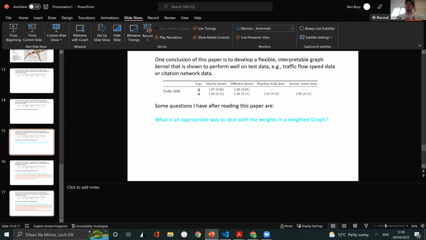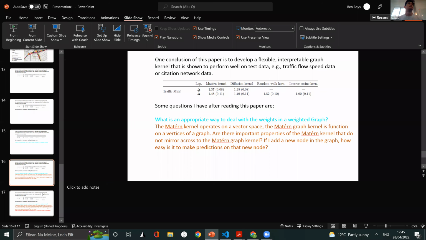Yeah, the paper doesn't give a suggestion of what weights we should assign to the adjacency matrix. So they put inverse the distance between points as weight.